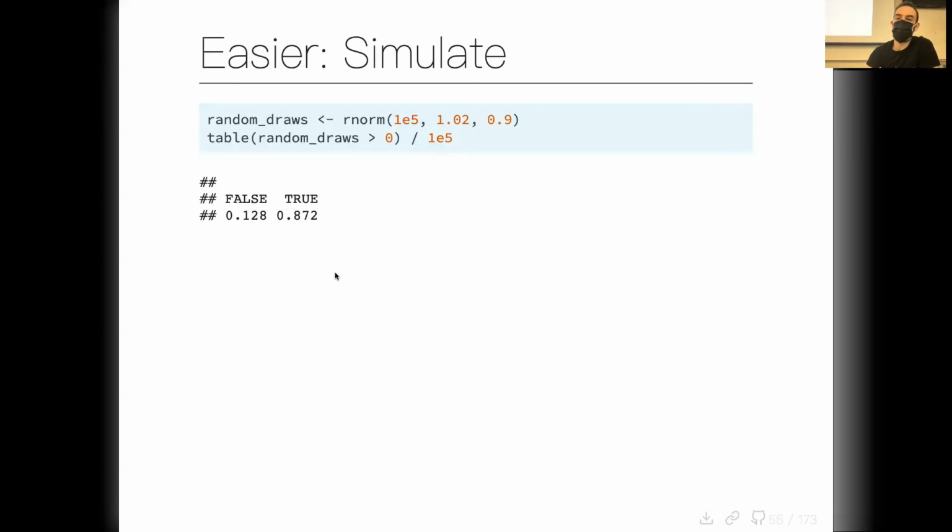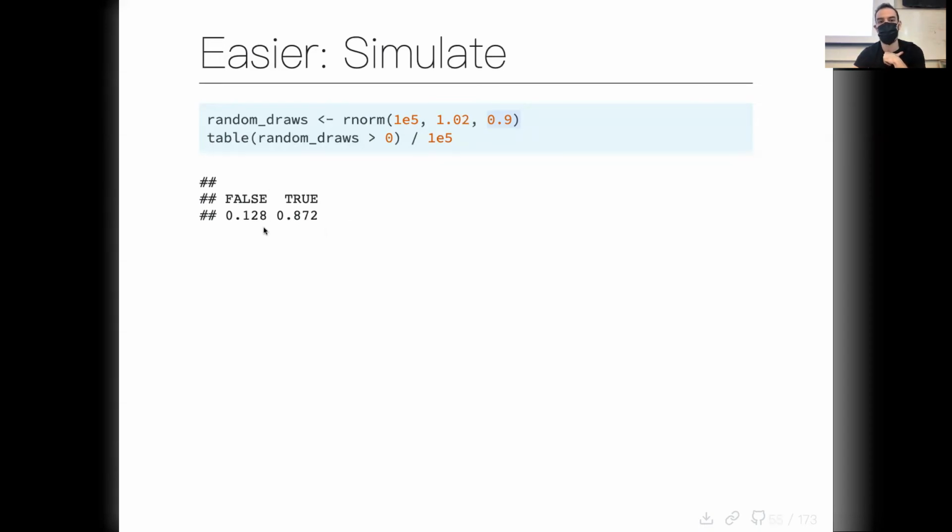We can also do that in a much easier way by just simulating. Here I'm simulating 10,000 draws from a random normal distribution that has a mean of 1.02 and a standard deviation of 0.9. After I've taken all of those random samples, I ask how many of those are greater than 0.